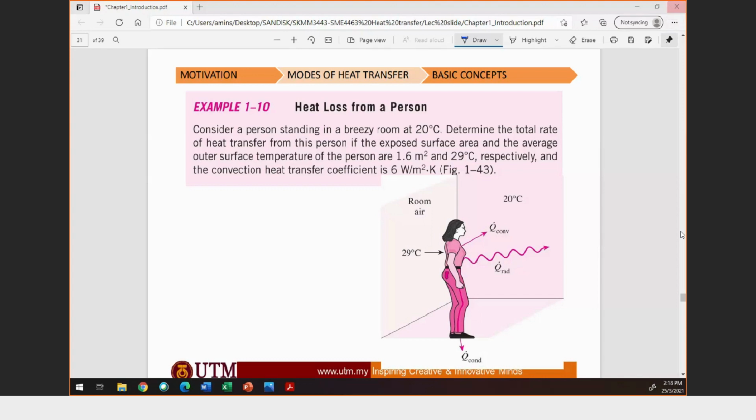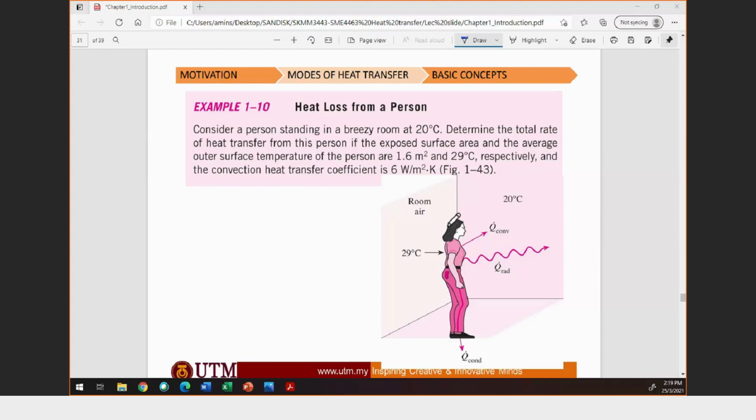This is a common example, like our current situation, where we are staying in a room and our body temperature is a bit higher than the surrounding temperature.